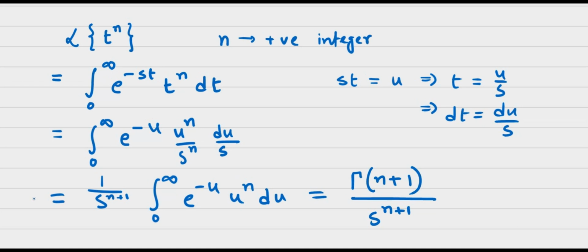Now, one thing I'd like you to notice in this calculation is that this result that we have derived here is quite general. Nowhere in here have we used the fact that n is an integer, right? So I could have taken it to show you that if n is not an integer, this is still true.